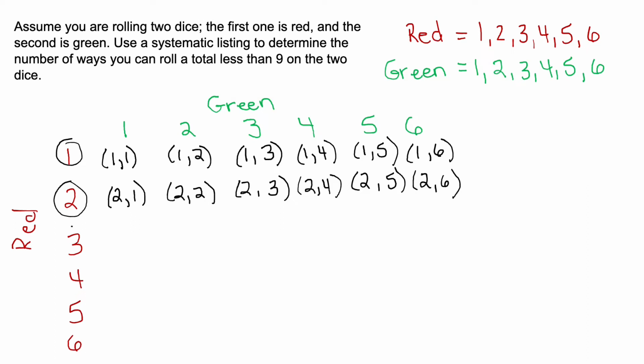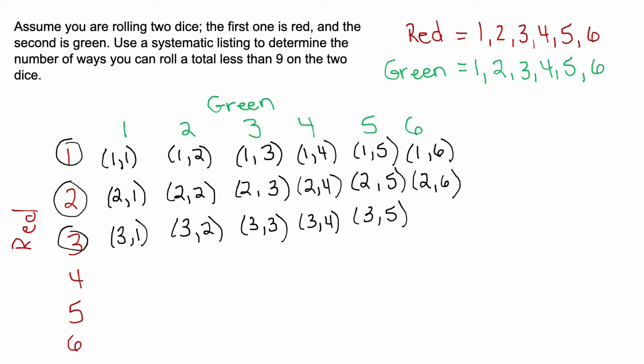Again, if I roll a 3 on the red die, I could roll a 1 on the green die, so this would mean I'd have an outcome of 3, 1. I could roll a 2 on the green die, that would give me 3, 2 as an outcome, or 3, 3, 3, 4, 3, 5, or 3, 6. And I'm just going to continue this pattern.